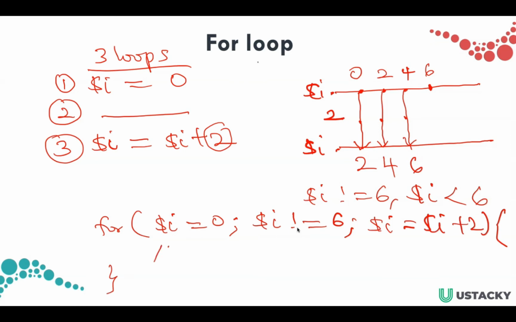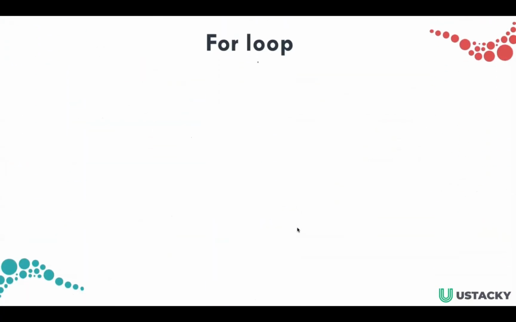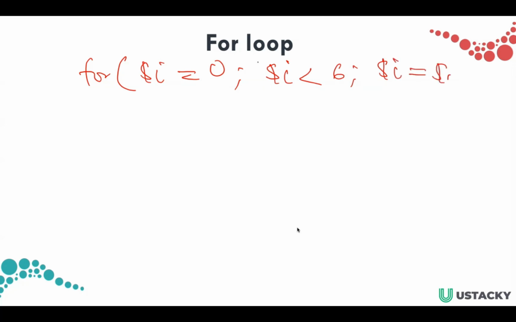And this is a block of code. So for the second type, it's going to be for, $I equals to 0, $I is less than 6, $I equals to $I plus 2. And we have the block of code here.